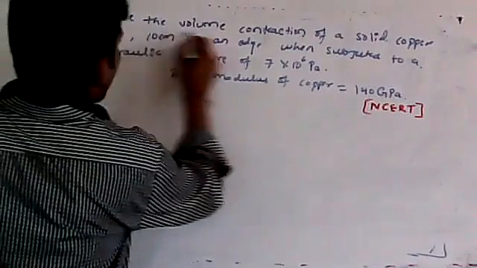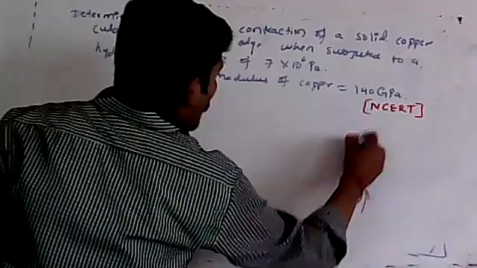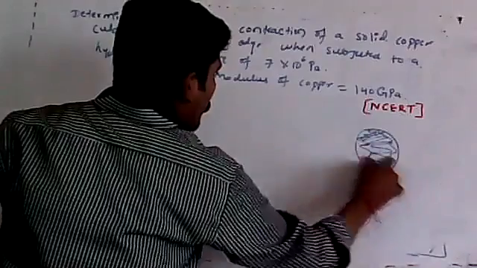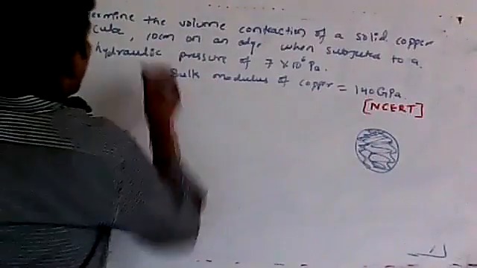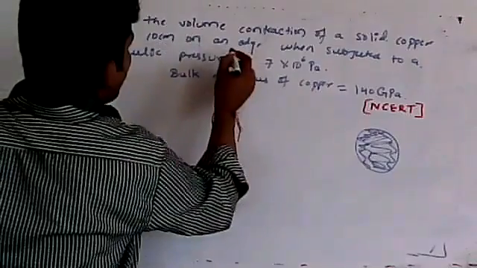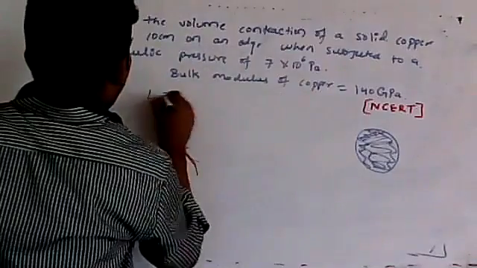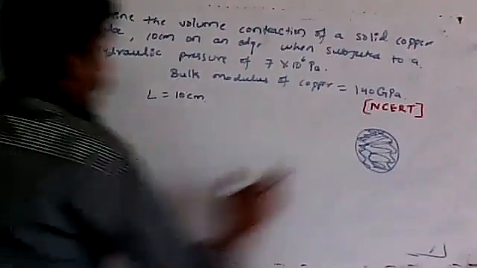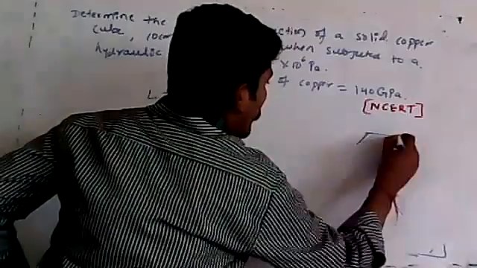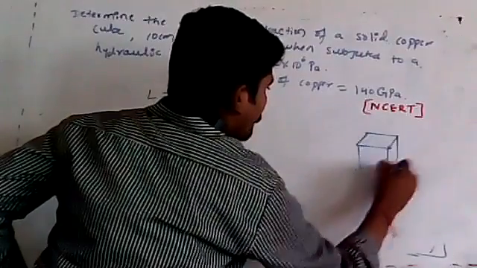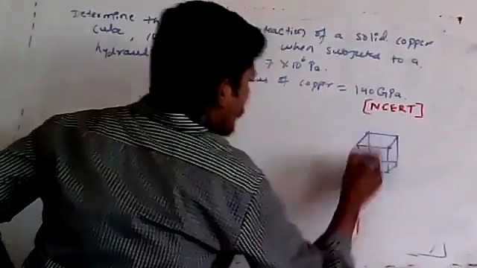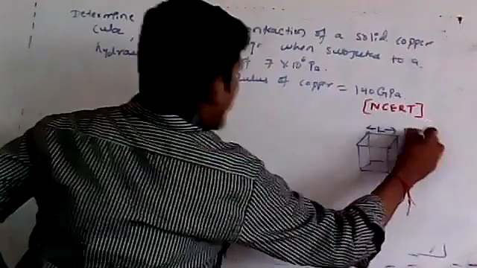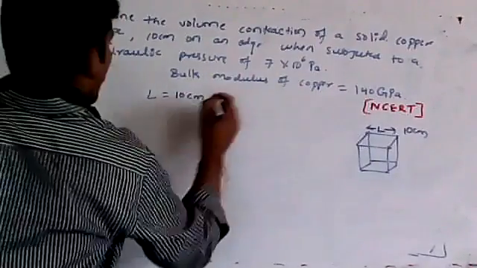Let me solve this. What is given? Determine the volume contraction of a solid copper cube with a 10 centimeter edge. L will be 10 centimeter. Let me write 10 centimeter in terms of meter.